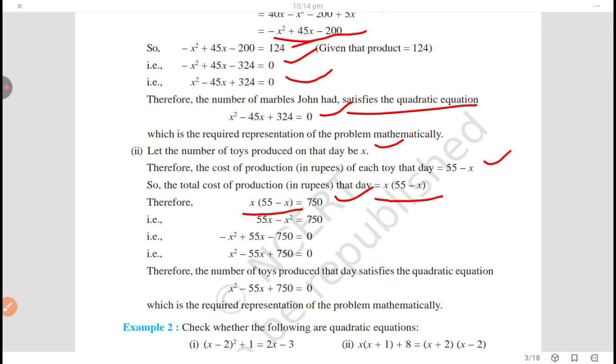Then X multiplied by 55 equals 55X, and X multiplied by X is X square, equal to 750. So rearranging the terms, you'll get this one.